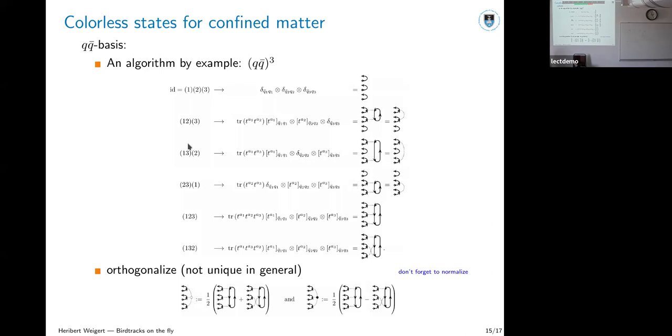Each two cycle is turned into a trace of T^a's, and I stick two T^a's on to get rid of the index and convert it into a fundamental index. Again, I do this for every group element, and you get a list that you see here. It's clearly 3 factorial long, and those are all color singlet states that you can find for 3 Q Q-bar pairs.